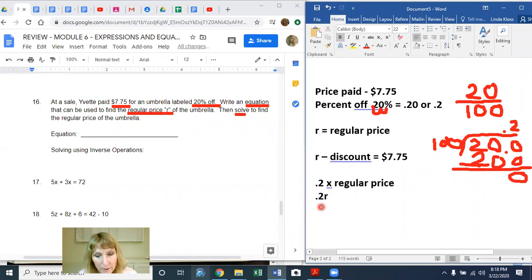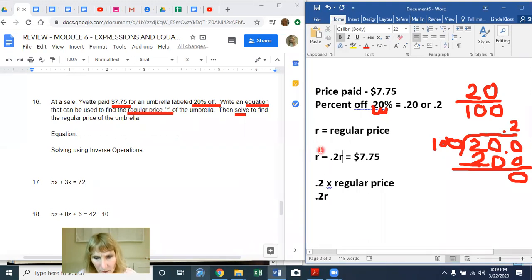That is the discount. So I'm going to go back to where it says discount, and I'm going to say regular price R minus 0.2R equals $7.75.